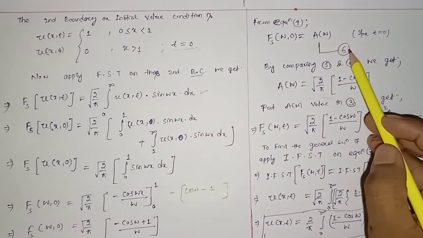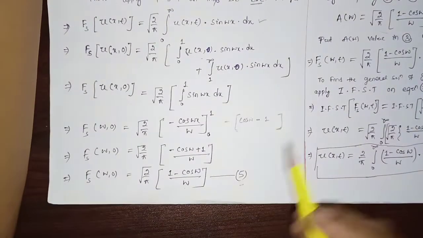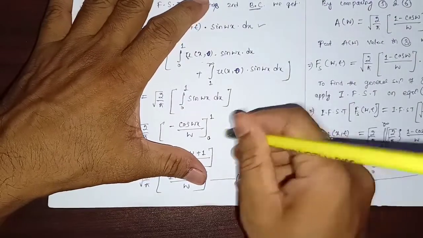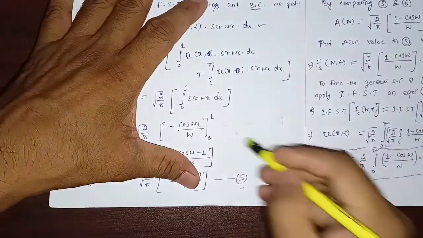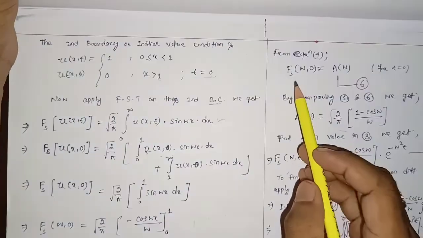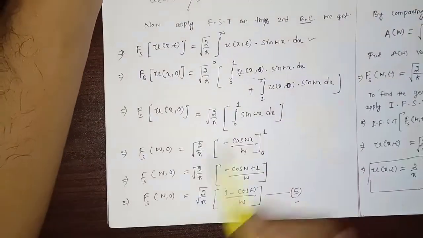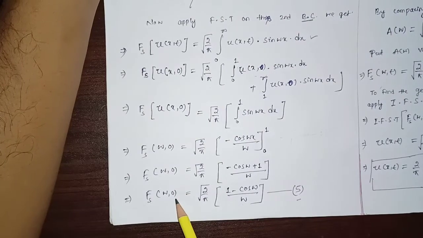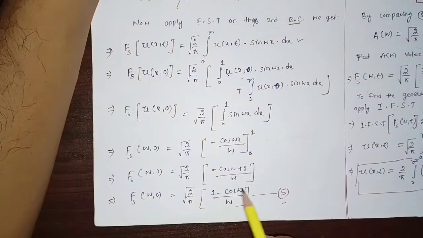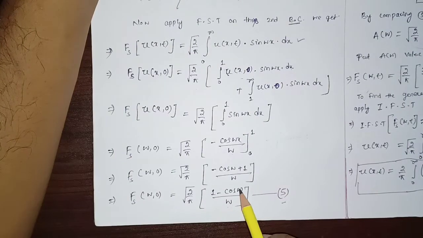Now we are going to compare equation number 6 and equation number 5. On the left-hand side, Fs(omega, 0) is there in both, so obviously a omega will be equal to root of 2 by pi times (1 minus cos omega) by omega.